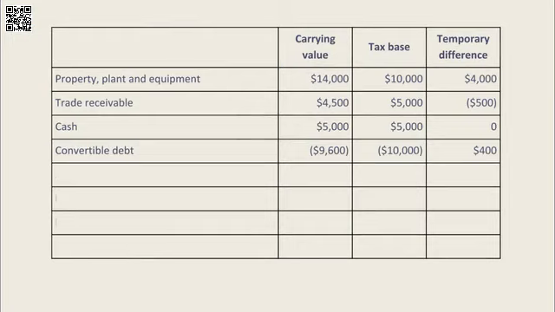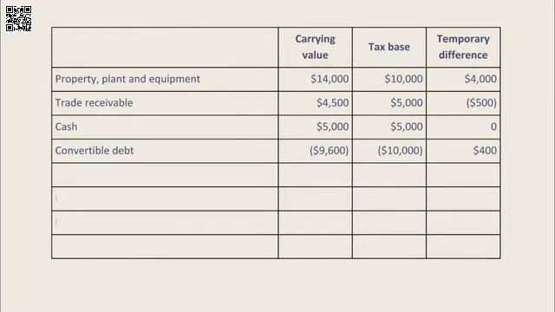In other words, the reduction in the liability has increased the net assets, and thus we must increase the deferred tax provision based upon the increased net assets of 400. Split accounting is not considered by the taxman, and therefore the tax base has remained at negative 10,000.